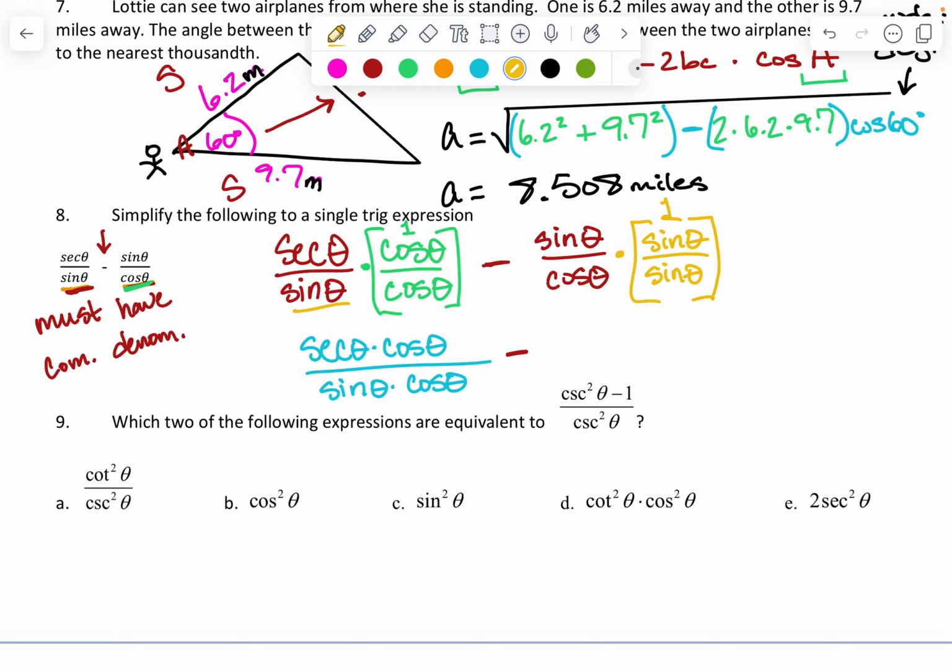I'm multiplying it by what we call a clever 1 so that I can rewrite it with a common denominator. Sine times itself is sine squared theta. Cosine times sine is sine theta times cosine theta. Now, do you see these have a common denominator? Yes, they do. So what that means is I can squish them together into 1.